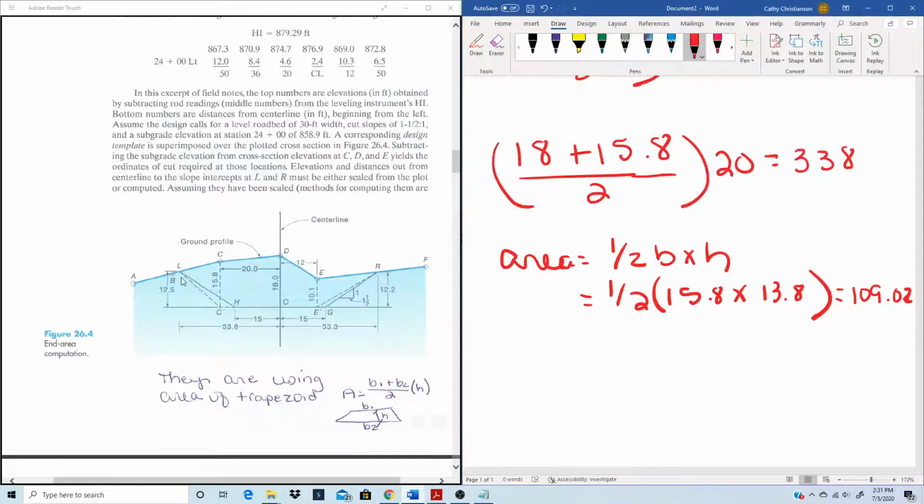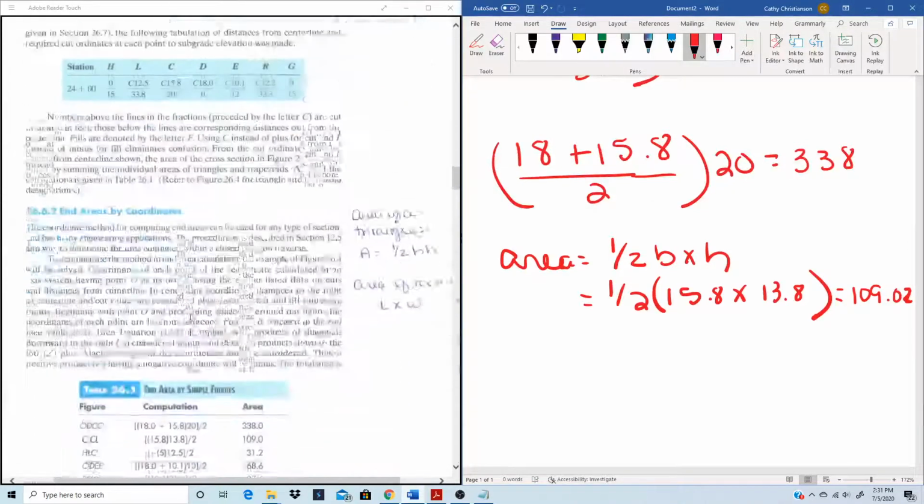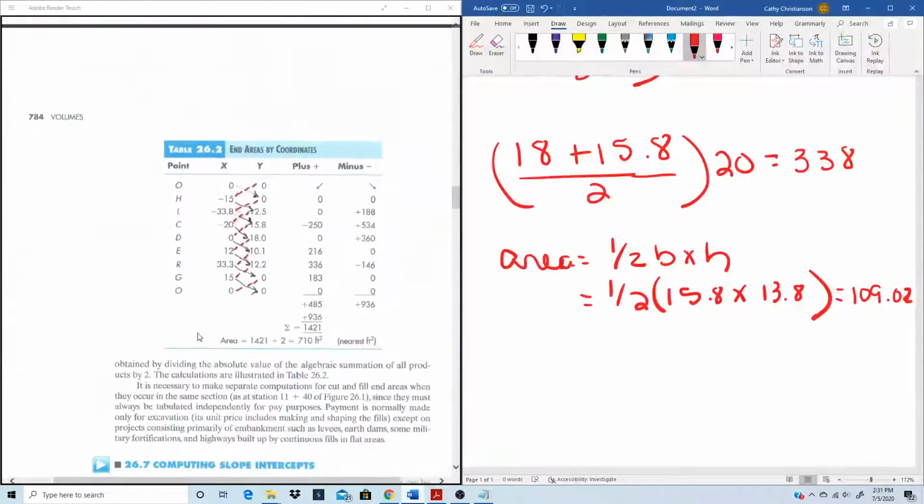Now when we go up to the L right here, our X is going to be a negative 33.8 and our Y is going to be a 12.5. And remember the formula, it's always going to be 2 area equals this. So we have to put our coordinates.